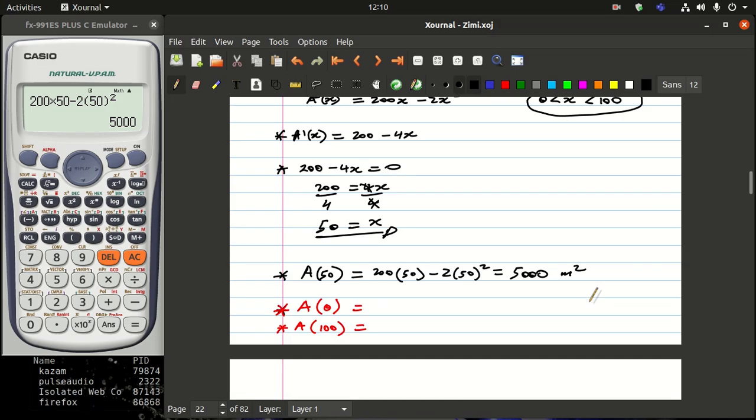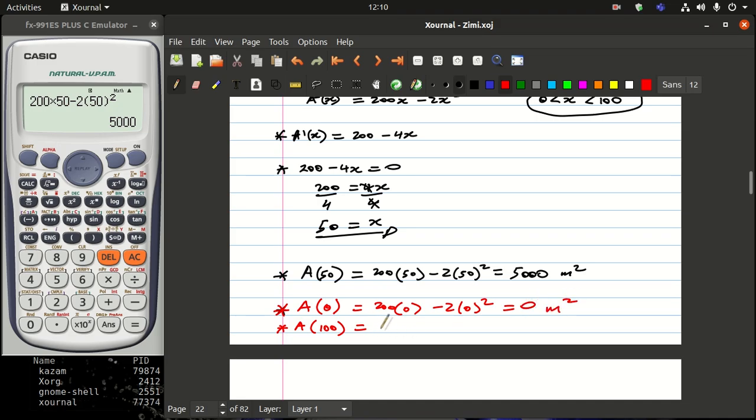That's the area. If we plug in 0 here, we'll end up with 200 times 0 minus 2 times 0 squared, which is just 0 meters squared.